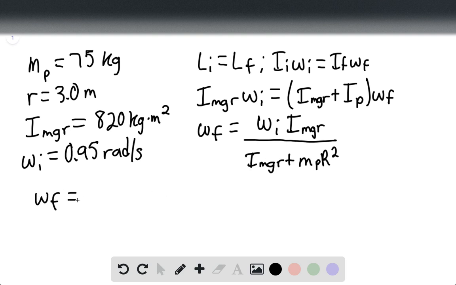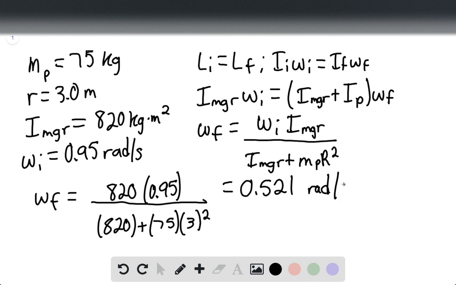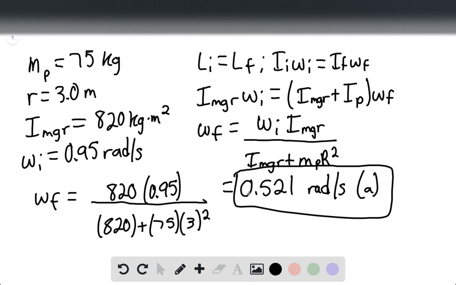The final angular velocity would equal 820 kilograms meters squared, the moment of inertia of the merry-go-round, times 0.95, the initial angular velocity, divided by 820 plus the mass of the person, 75, times 3.0 squared. And so we can find that this is equal to 0.521 radians per second. So this would be your answer for part A, the final angular velocity of the merry-go-round.